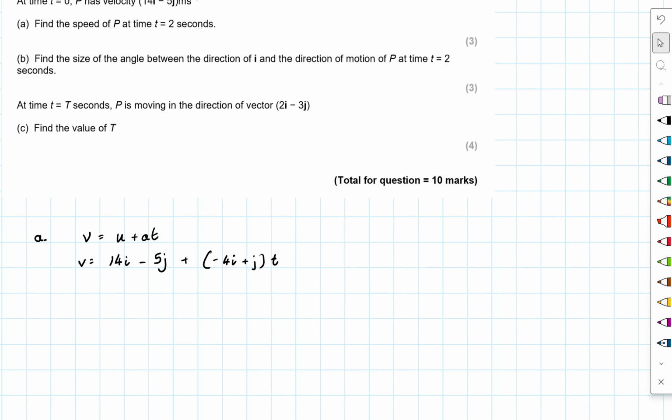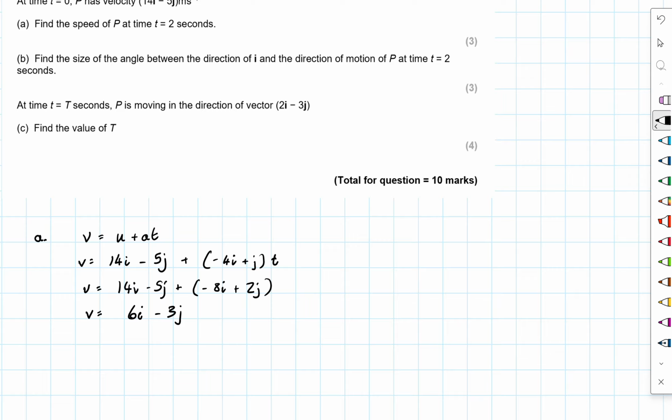So this is kind of a different level of relative position vector, this being the velocity at any time t. So we want t to be equal to 2, so we just say that v equals 14i minus 5j plus 2 lots of this, so it's minus 8i plus 2j, and that gives us my velocity is equal to 6i minus 3j. Okay, now we want the speed.